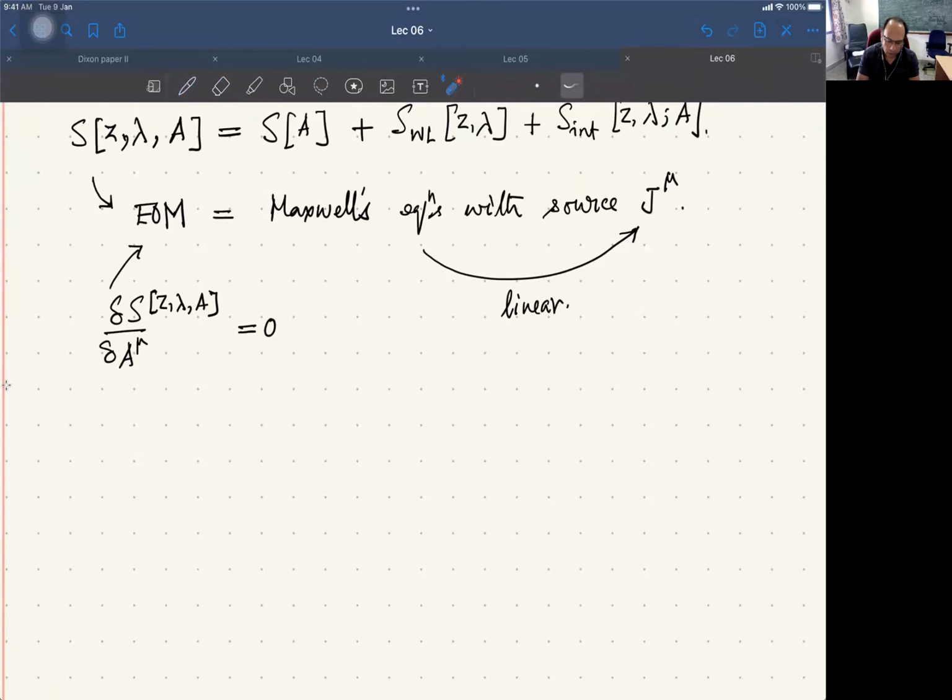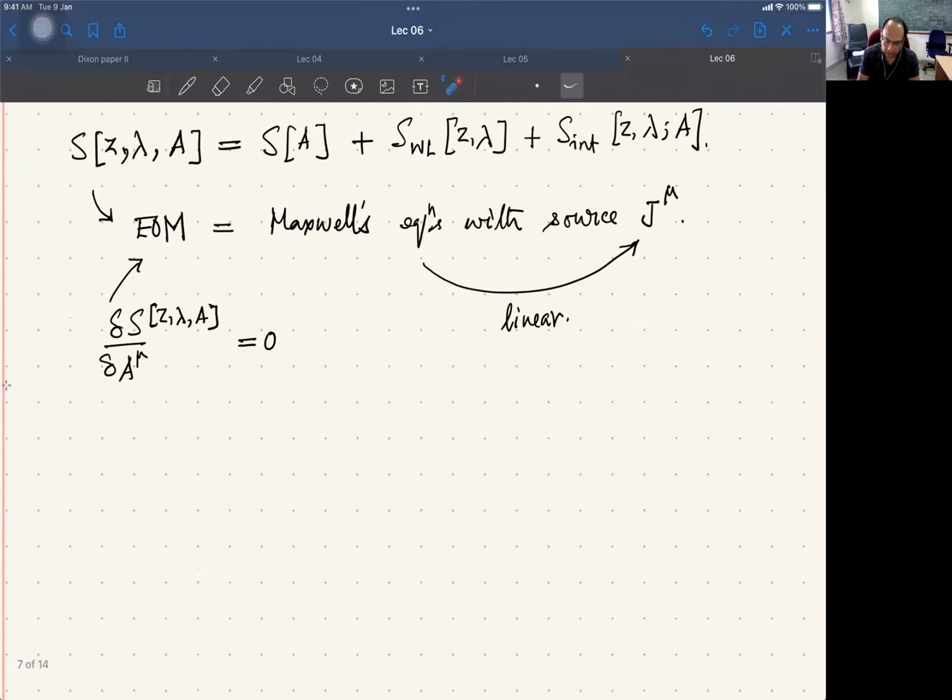So on one hand, we know that the equation of motion must be linear in J mu. On the other hand, we know that the equation of motion is given by the first order derivative of this action with respect to A. So then the interaction must be A mu times J mu, because when you take a first order derivative with respect to A, it gives you J.